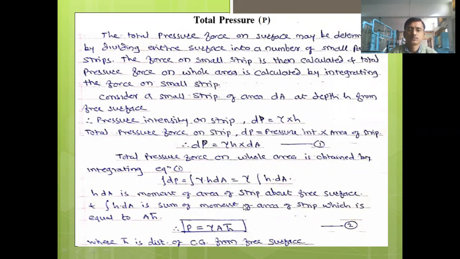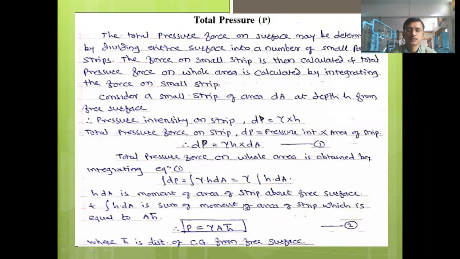gamma is equal to the weight density of the liquid, or weight density of the fluid. Then H bar is the distance of CG from the free surface.